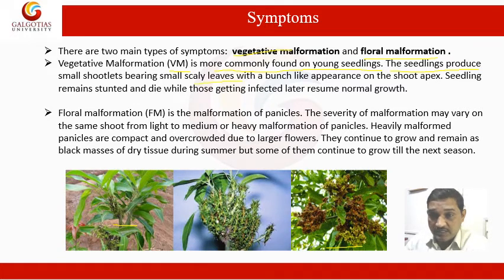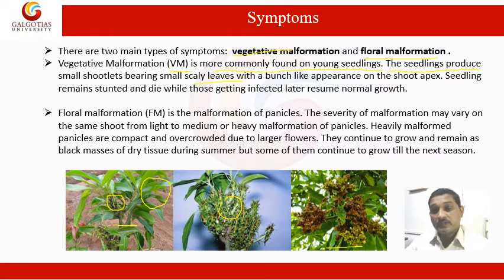You can see here the very small scaly leaves instead of healthy mango leaves. That's why it looks like a bush with a bunchy appearance at the apex. The plant or seedling remains stunted in growth.